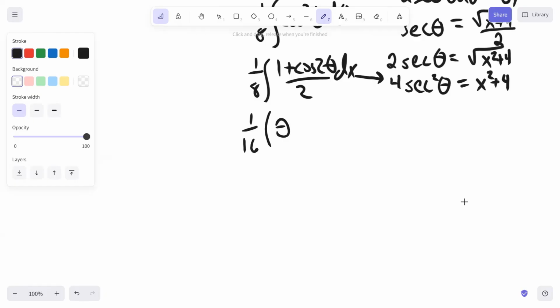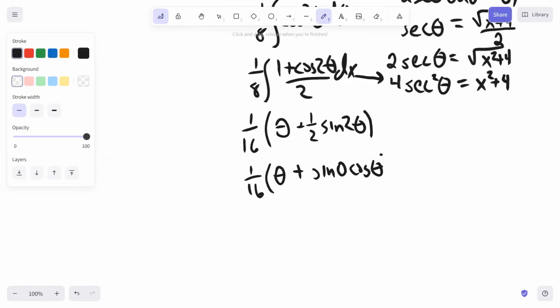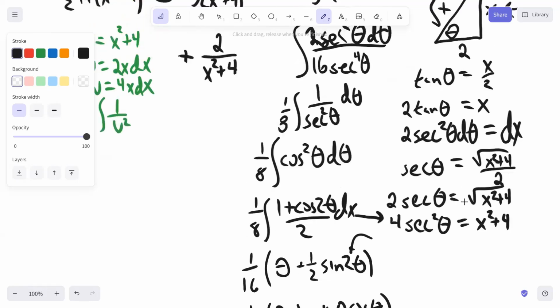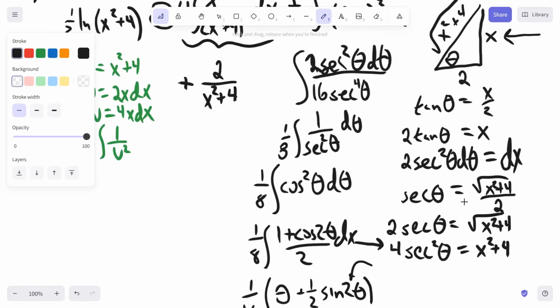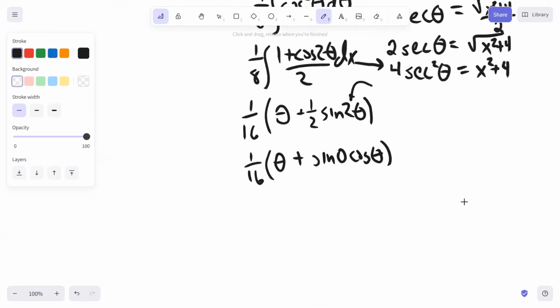And then the antiderivative of cosine 2 theta would be 1/2 sine 2 theta. Then from there, the 1/16 times (theta plus 1/2 sine 2 theta) is equal to sine theta cosine theta, because you can't have sine of 2 theta, since our triangle's reference angle is theta, not twice theta.